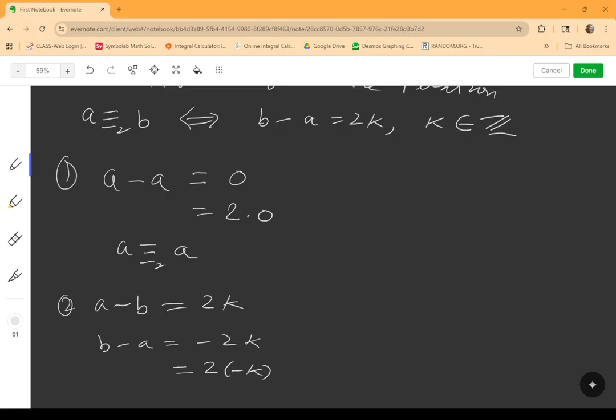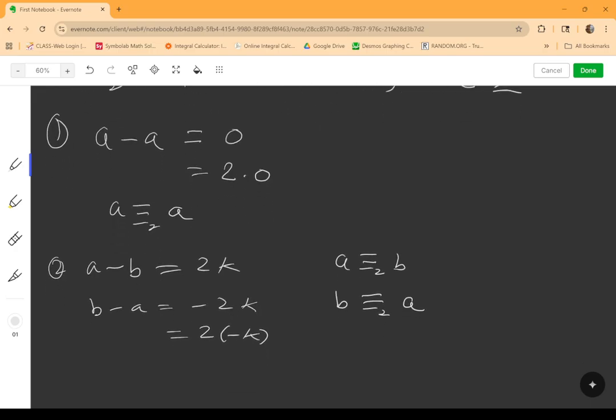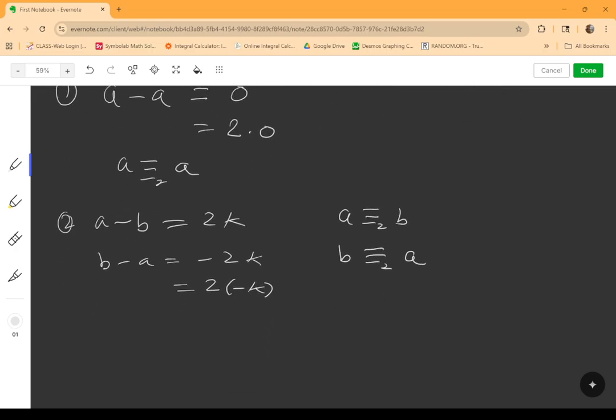So now the difference A minus B is even, but so is B minus A, since negative k is also an integer. So it is symmetric.